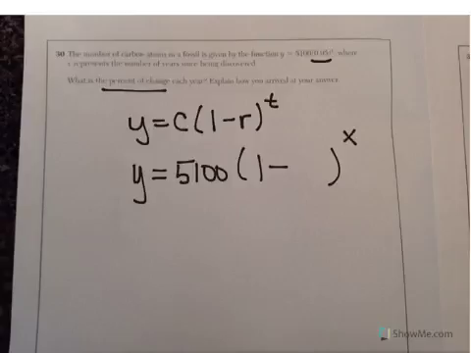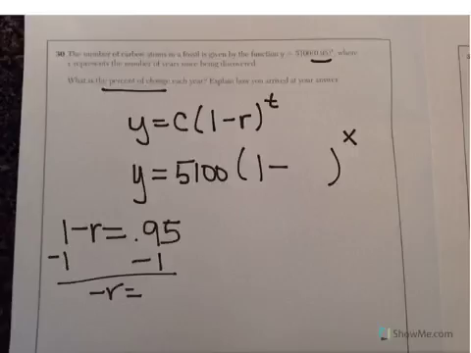and in this case it's x. So to figure out what that value is, I'm going to say that 1 minus r is equal to 0.95. So I'm going to subtract 1 and get negative r is equal to negative 0.05. Divide by negative 1 to get r to be positive.